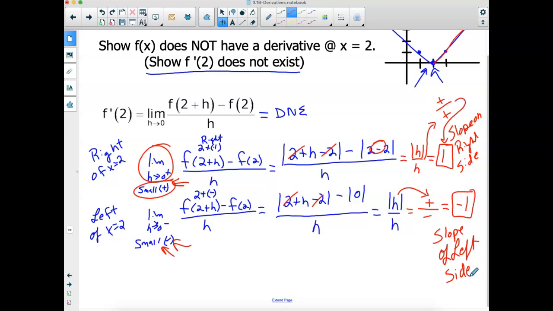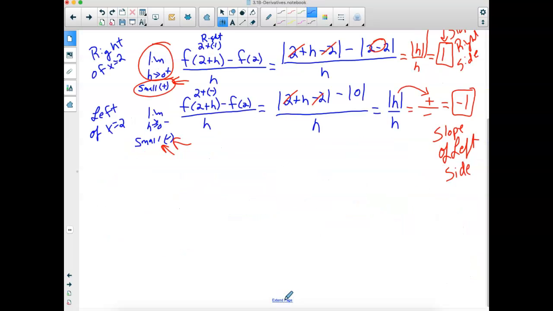Okay, so we just showed that the left limit didn't equal the right limit. Okay, well, what does that mean? What that means is the limit as h approaches 0 from the right doesn't equal the limit as h approaches 0 from the left.